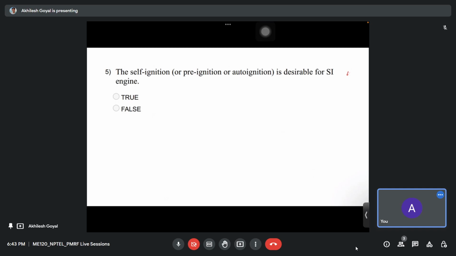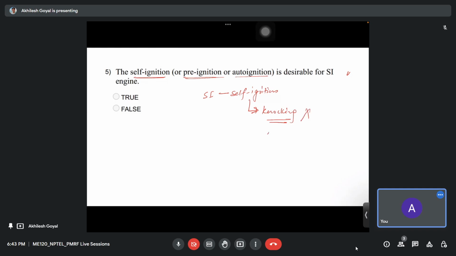So the next one is, self ignition or pre ignition or auto ignition is desirable for SI engine. So the self ignition that we call pre ignition or auto ignition is desirable for CI engines, but for SI engines, the self ignition leads to knocking, and that is not desirable.